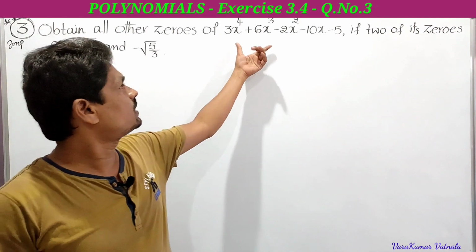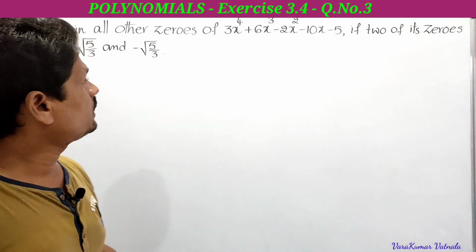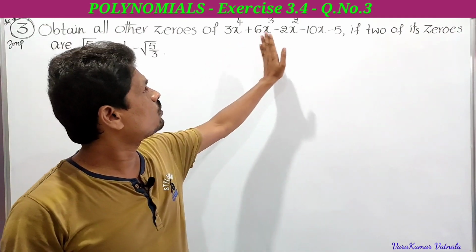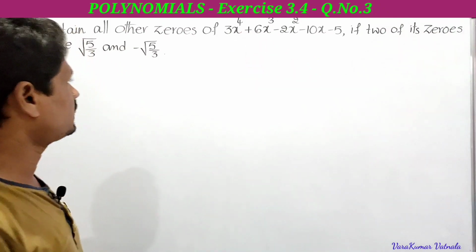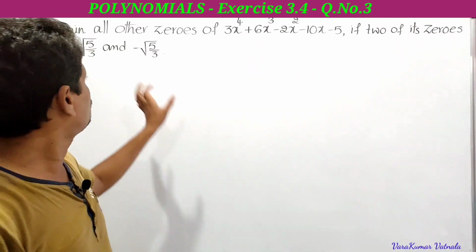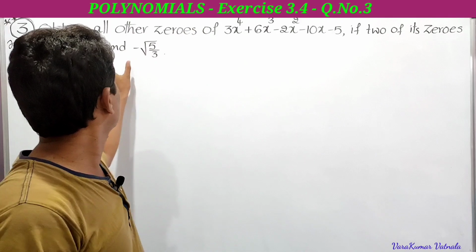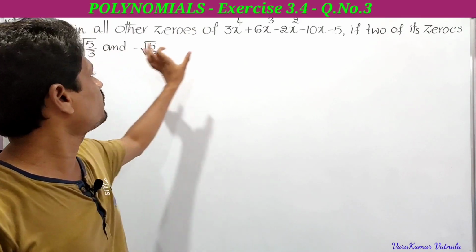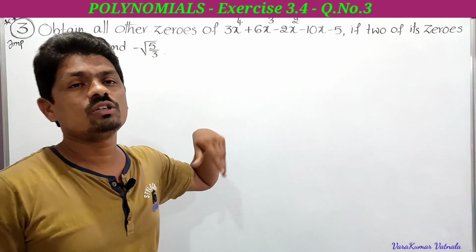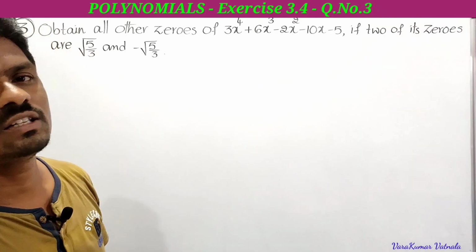So two zeros of this polynomial are root 5 by 3 and minus root 5 by 3, and he is asking us to find the remaining zeros.